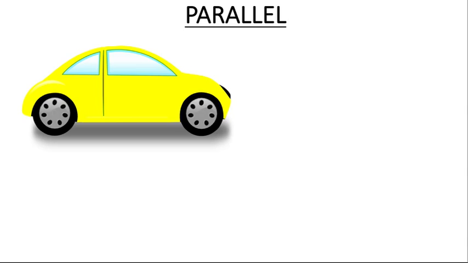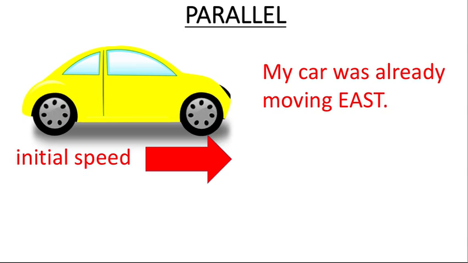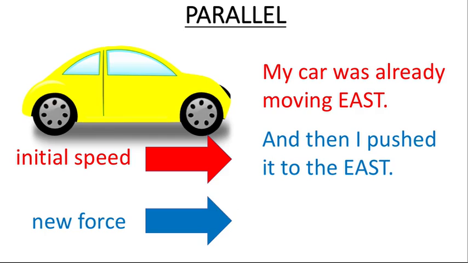Imagine that you are driving your car, and your car was already moving to the east. Okay, I can draw this in the picture just by making an arrow that points to the right. Now, while your car is moving, you push it to the east. Now, how would you do this on a real car?